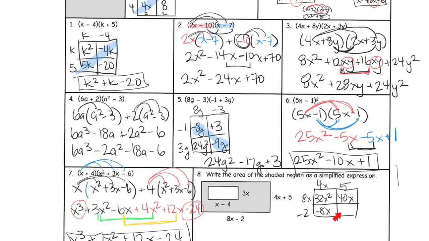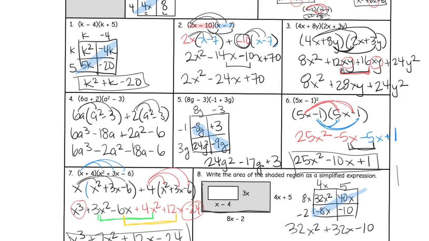And negative 2 times 5 is negative 10. I'm checking to see if I have any like terms, which I do right there. Those both have an x to the power of 1. So I'm going to have a total of 32x squared plus 32x minus 10. So that's the whole big rectangle.